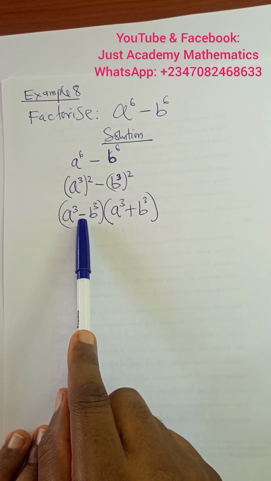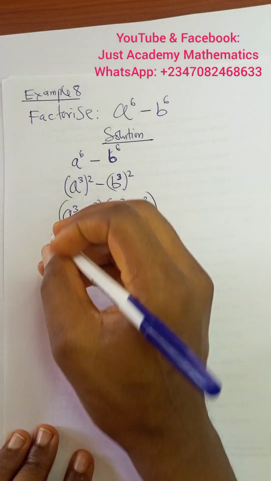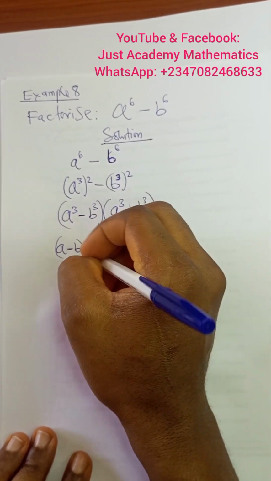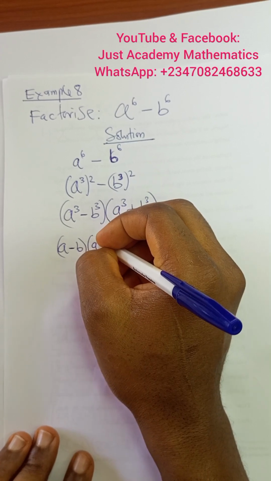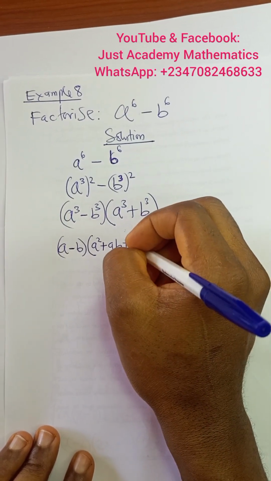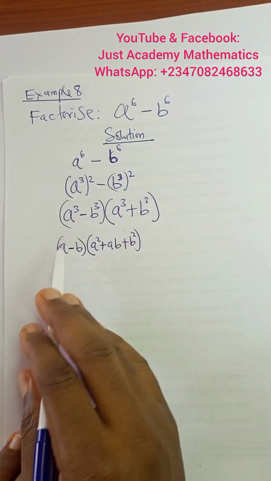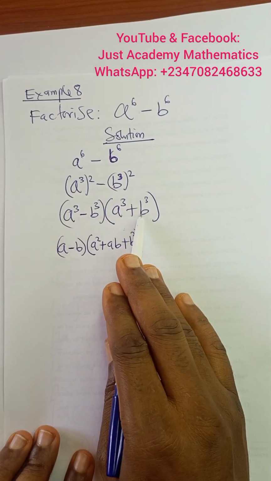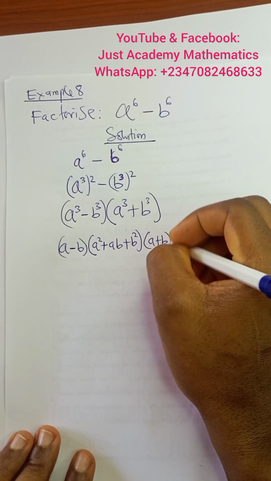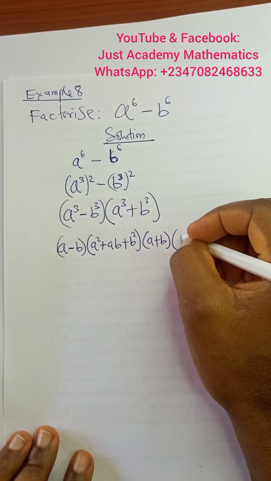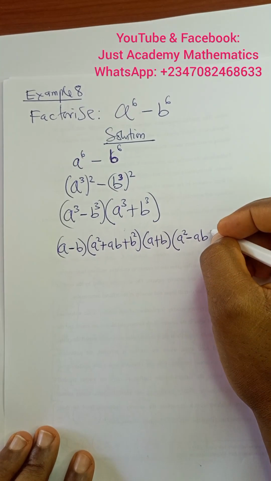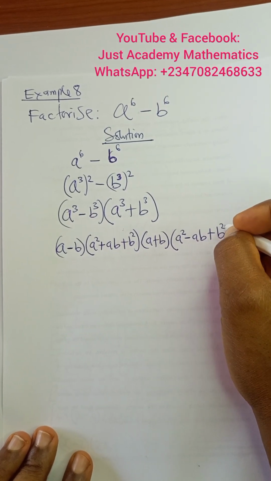There is an identity that represents this, which states that a cubed minus b cubed is a minus b times a squared plus ab plus b squared. That is the identity. Then the identity for this one with plus is a plus b times a squared minus ab plus b squared.